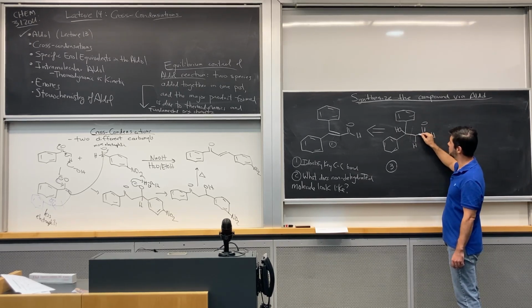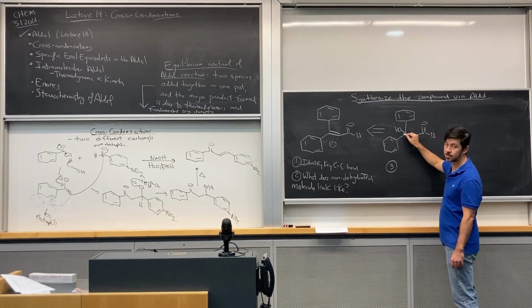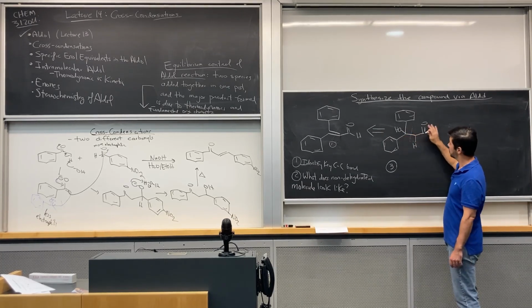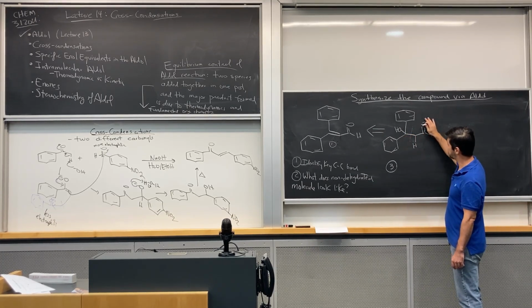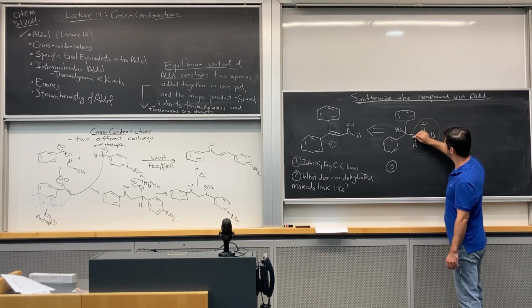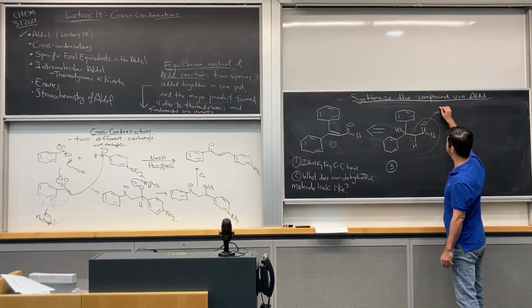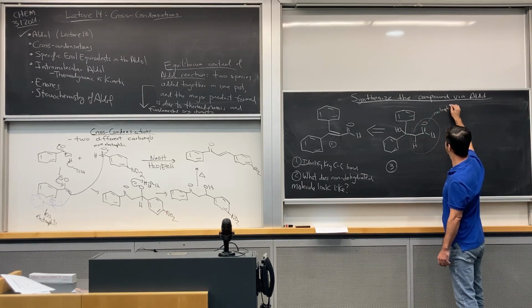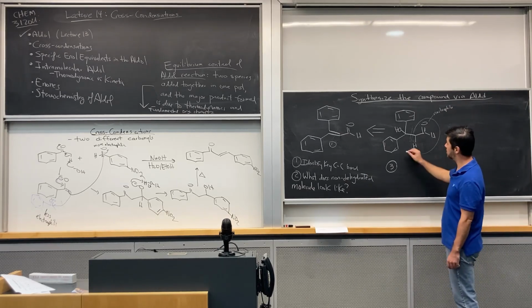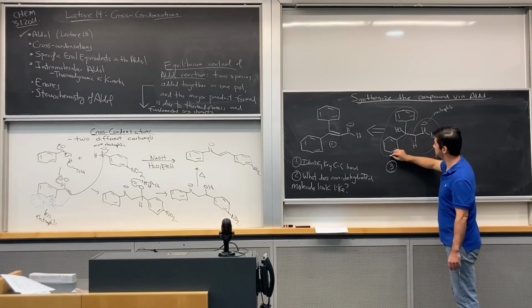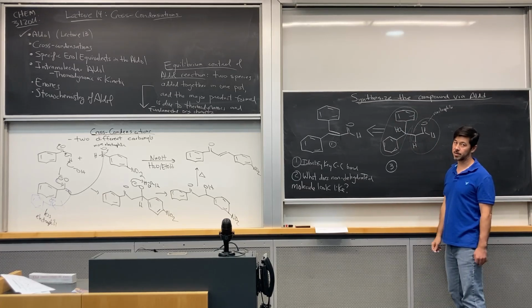Electrons would have come down, and then this must have been a double bond, and this would have reacted at like a carbonyl center. So this portion here must be your nucleophile, right? Whereas this area here must have been the electrophile.